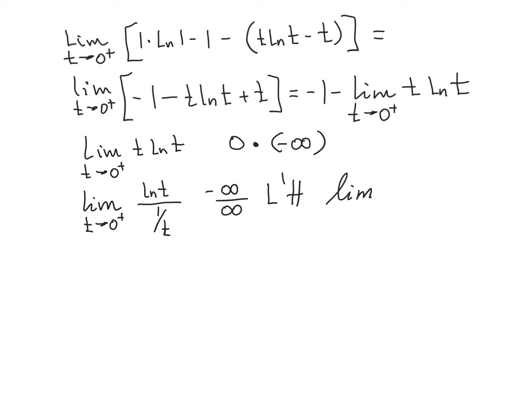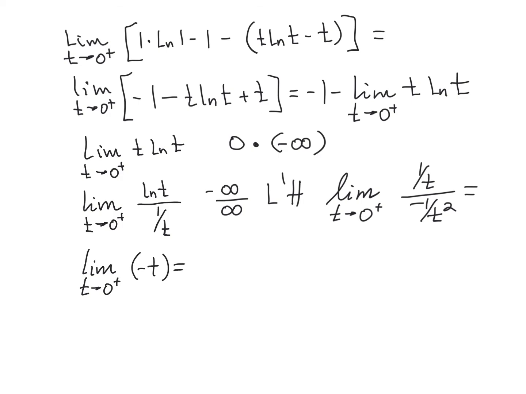That's an indeterminate form that allows us to use L'Hopital's rule. Then we have the limit as t approaches 0 from the right of the derivative of the numerator, which is 1 over t, over the derivative of the denominator, which is negative 1 over t squared. This simplifies to the limit as t approaches 0 from the right of negative t, which goes to 0.